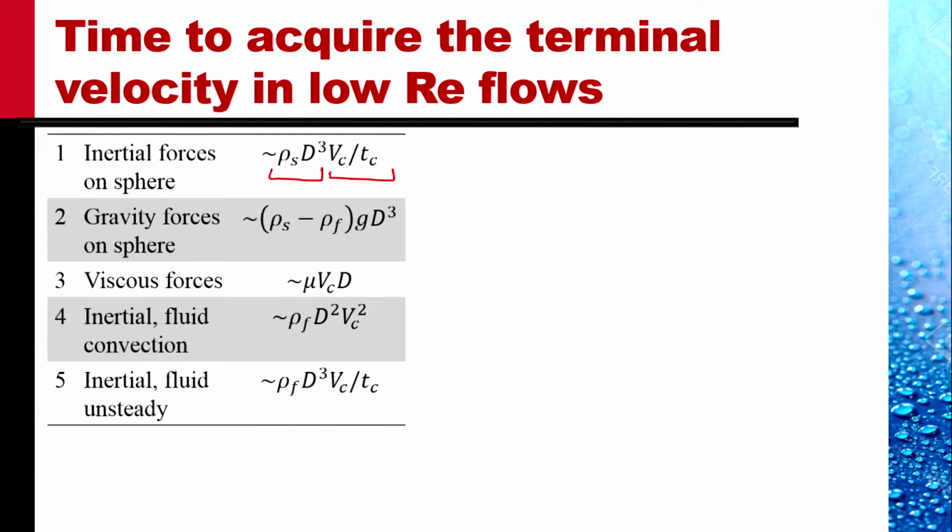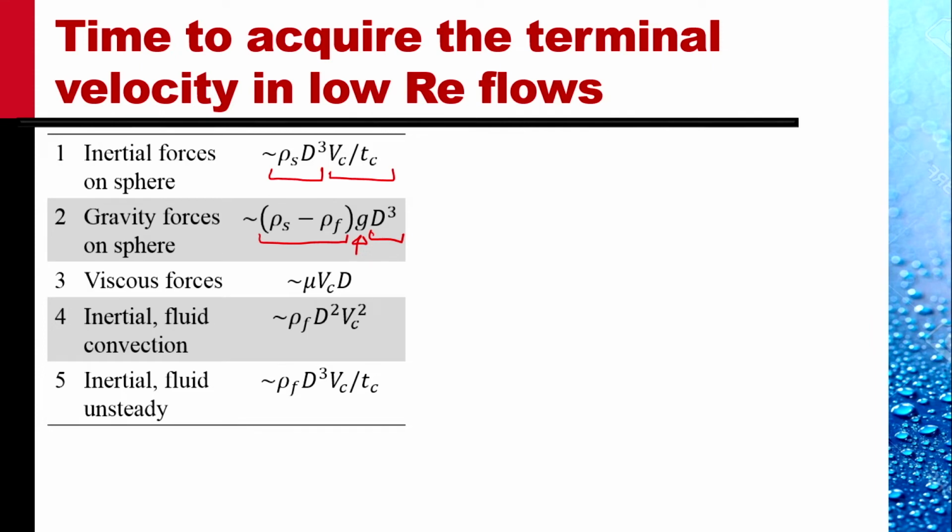The gravity forces of the sphere are the net of the weight and the buoyancy, and they would be like the density difference of the solid and the fluid, the volume, and the acceleration due to gravity. Viscous forces, as before, would be like mu Vc d. C everywhere stands for the characteristic value of the relevant quantity.